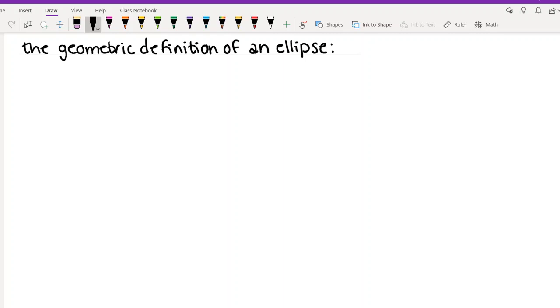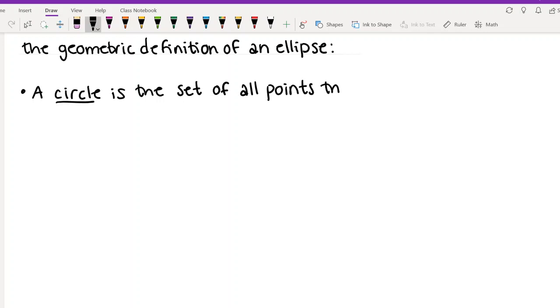Because what does that tell you about circles? Well, circles are the set of all points that are the same distance from the center point. So I'm going to write that down here. A circle is the set of all points that are the same distance, and that distance is what's called the radius, right?